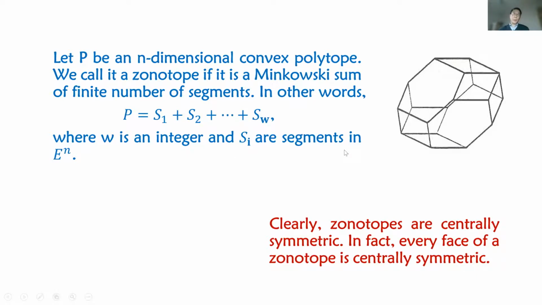So the zonotope is a very particular polytope, which is very important in discrete geometry, in polytope theory. And clearly, the zonotopes are centrally symmetric. In fact, every face of the zonotope is centrally symmetric as well, since it is such a Minkowski sum that every face must also be such a sum, okay?